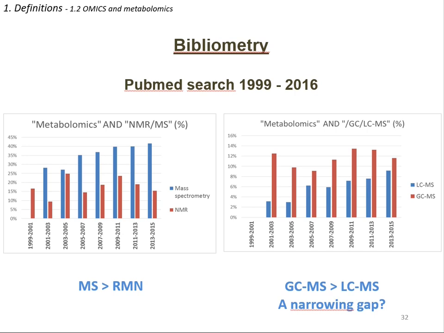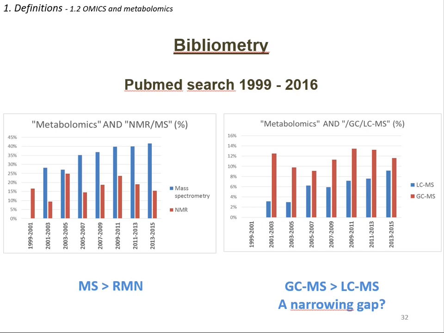NMR has been in hospitals for a very long time, especially through the MRI. So these are tools that were very well mastered by the people in this field of research. But now they found that it was also very interesting and complementary to use mass spectrometry.